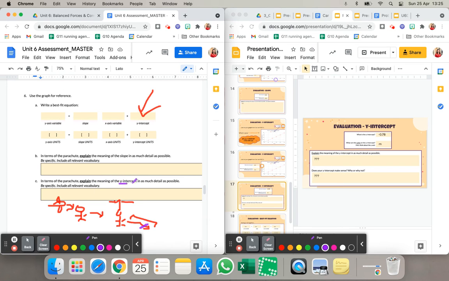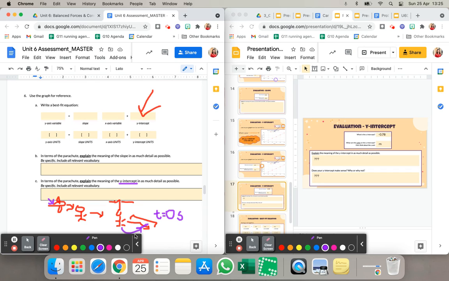So the y-intercept in this case was the person's displacement, how far they had gone since the parachute had opened, the person's displacement at time equals 0 for our experiment. So the person's displacement at time equals 0 seconds. It was not the starting position. It's not where the person started. The person started way back here in the plane.